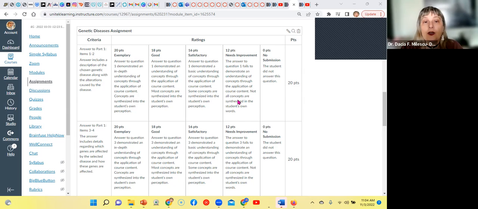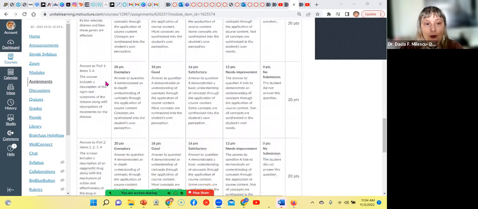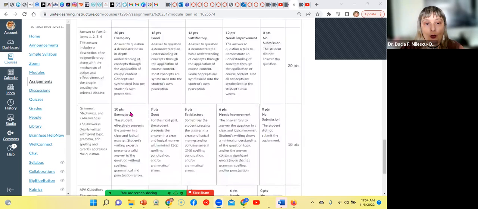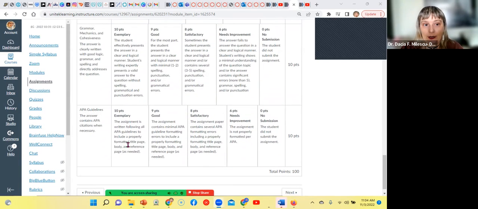So it would behoove you to make sure that you review all of this content way before you upload your assignment. Make sure that every single thing in this rubric is at the max 20-point possibility, or 10-point here, right? So make sure you know how to do the APA citations.